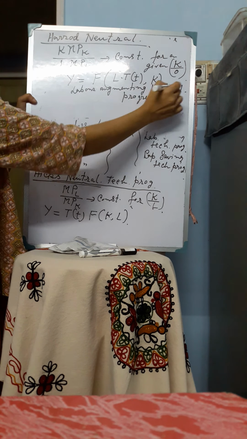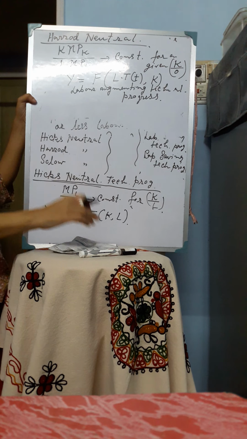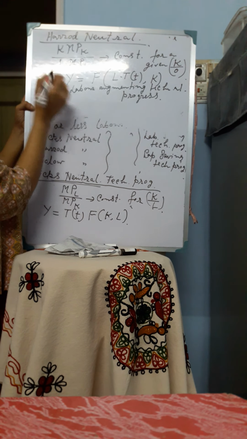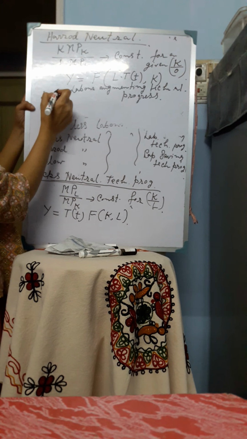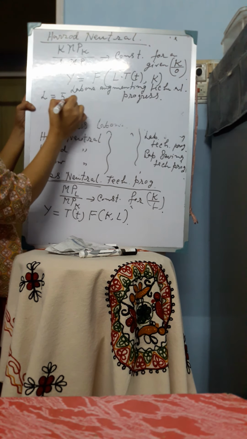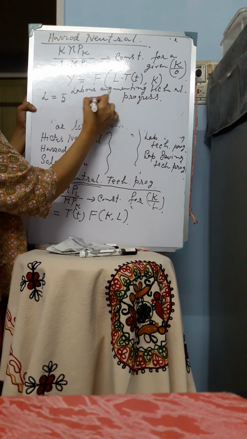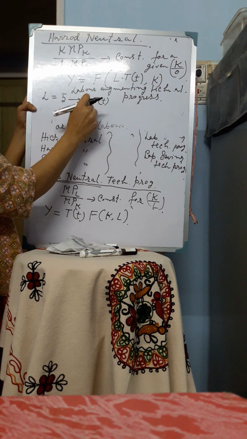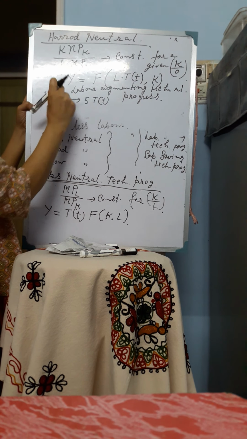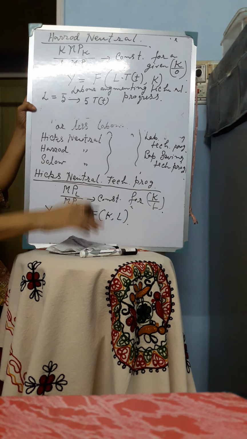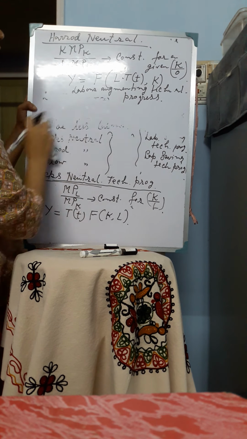So therefore this is labor augmenting technical progress. So suppose actual labor, number of workers in the economy is 5. Now if it can be multiplied by T(t), now this 5 is increased to 5 into T(t). So therefore effectively the labor force is increasing. So therefore this is labor augmenting technological progress.